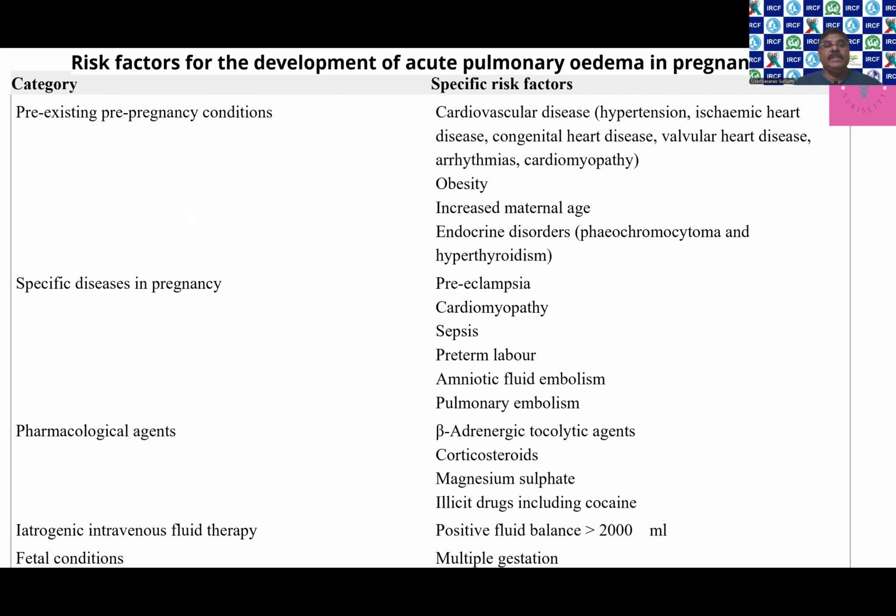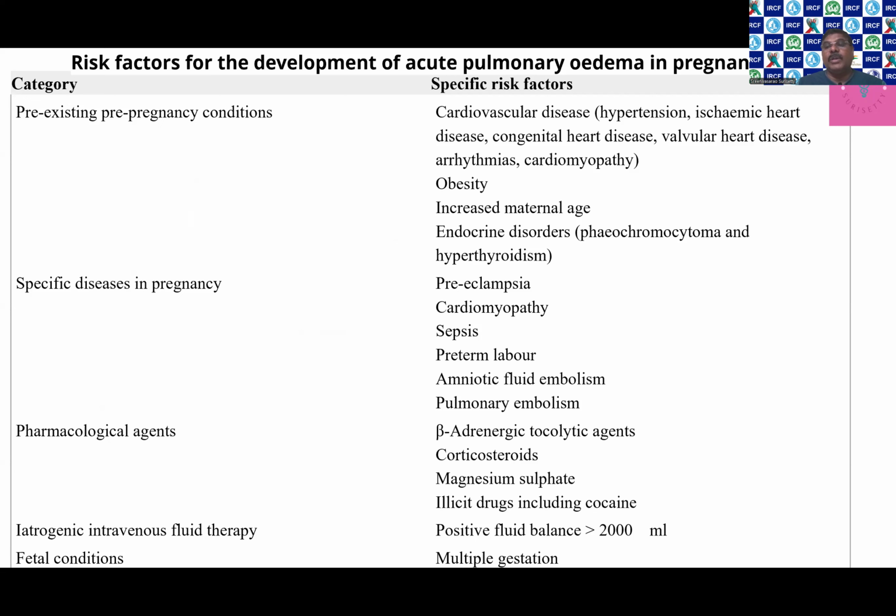What are the specific diseases of pregnancy that push the patient into pulmonary edema? Preeclampsia, cardiomyopathy, sepsis, preterm labor, amniotic fluid embolism, and pulmonary embolism. In those situations, the patient may land in acute pulmonary edema. What are the pharmacological agents used in pregnancy that lead to pulmonary edema?